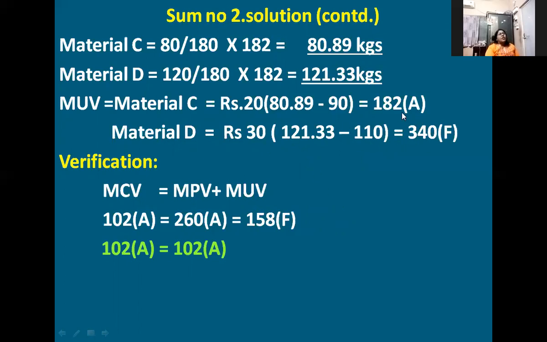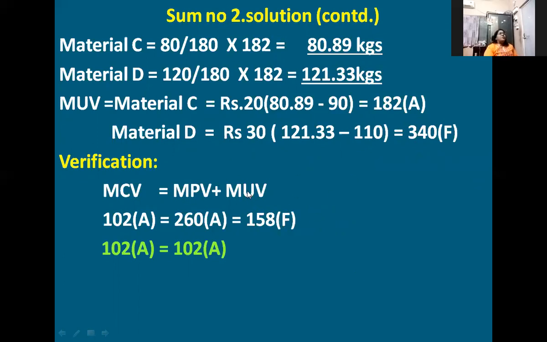So usage variance is 182 adverse for C, 340 favorable for D. So you will get this answer. 340 minus 182, what is your answer? 158.